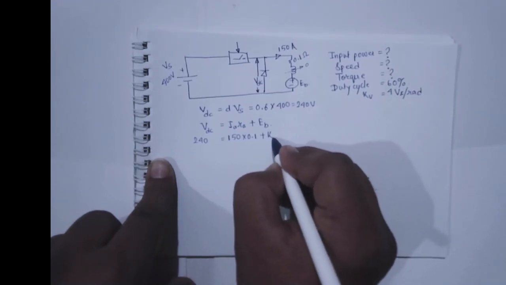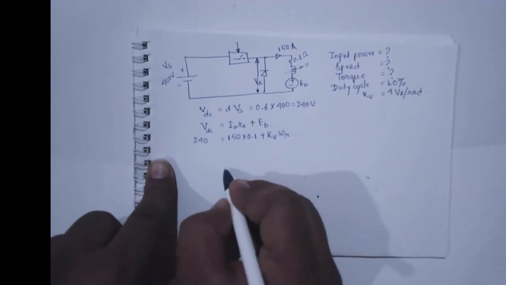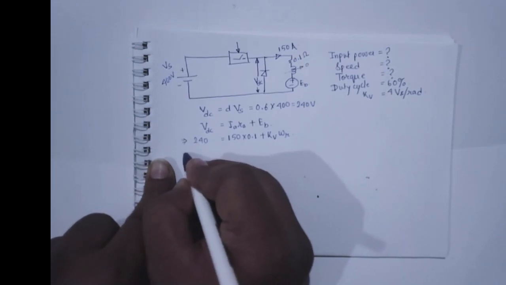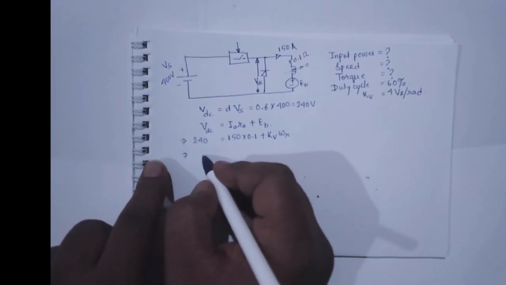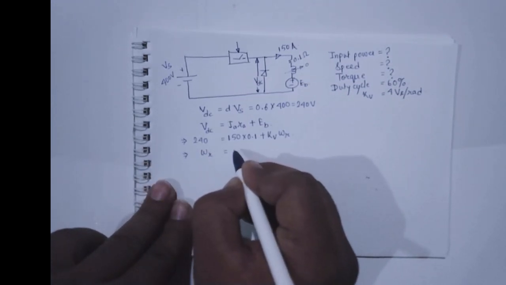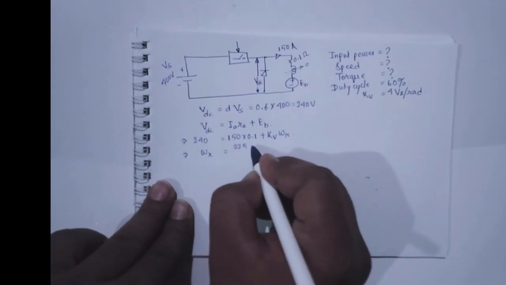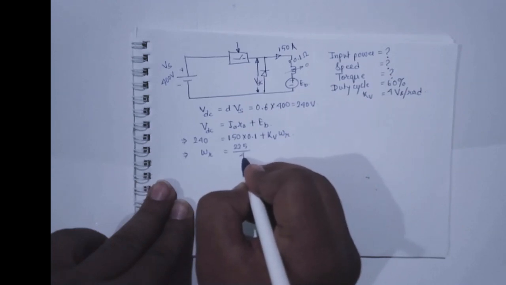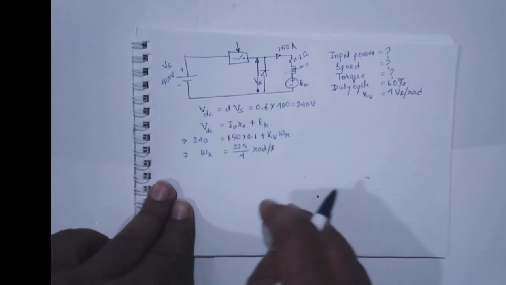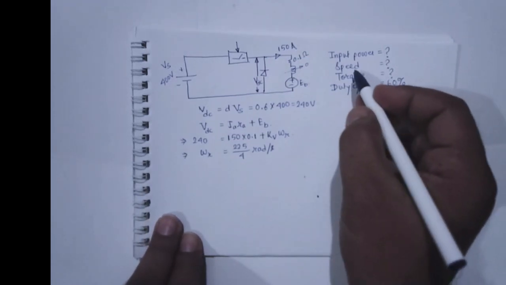EB can be written as kV into omega R. So from here we can get that omega R equals 225 by 4 radian per second. So we have already got the speed.